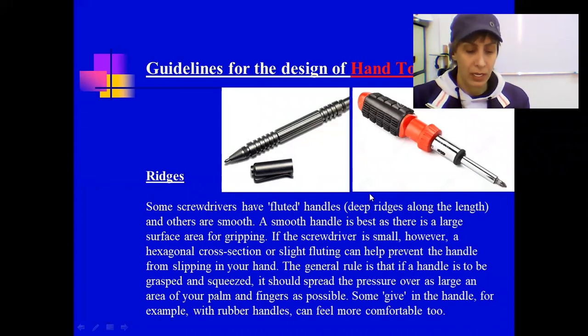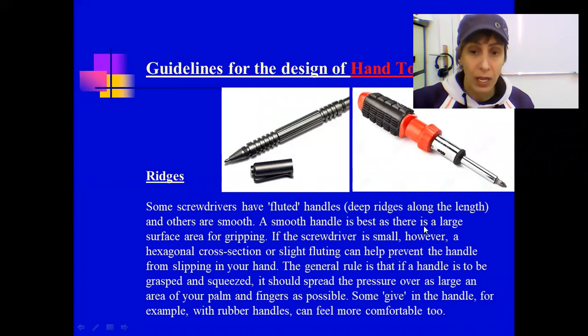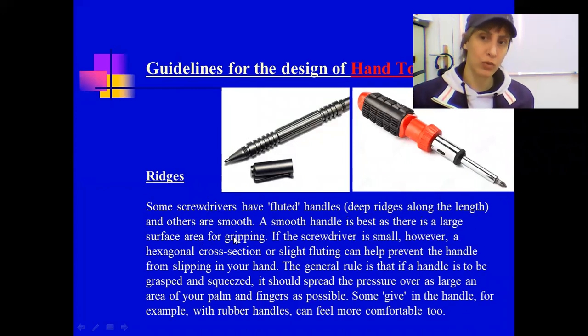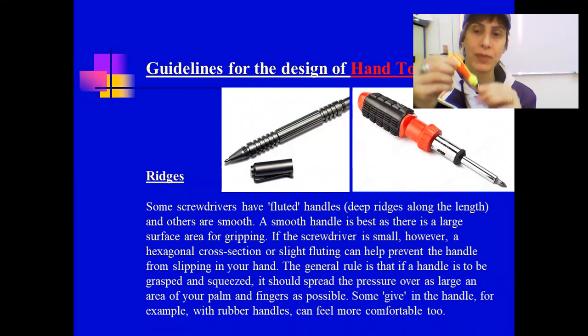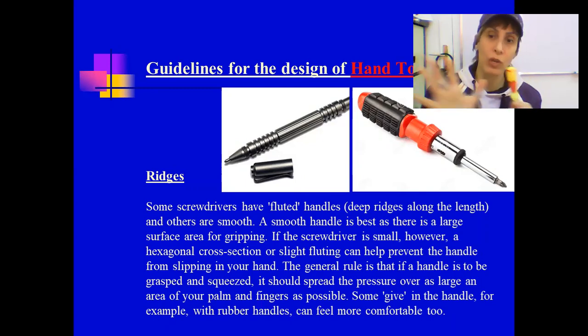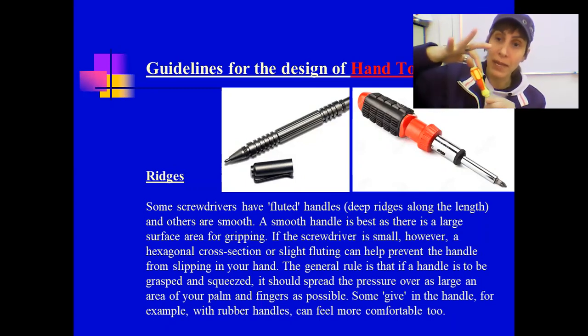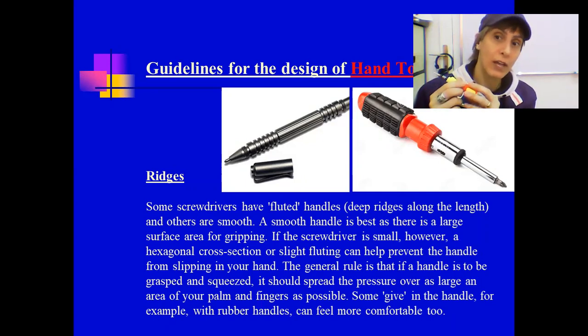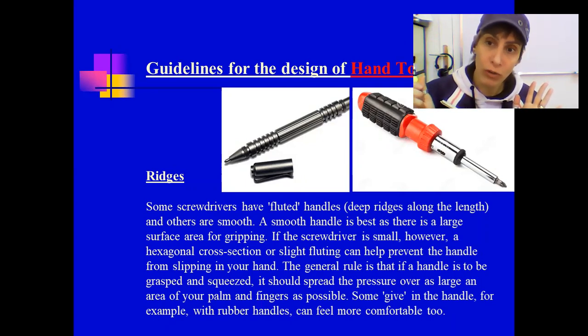Now, a smooth handle is best when there is a large surface area to grip. So if this here is big, now how big is another question, but if it's big, so it has a big surface area for me to grip, I can make the handle smooth, and it still will be comfortable.